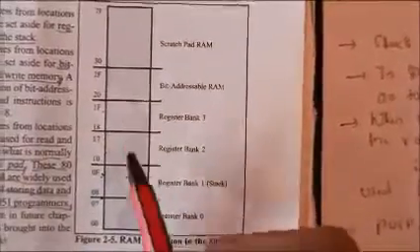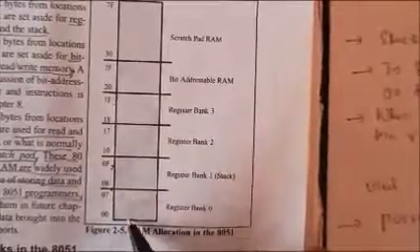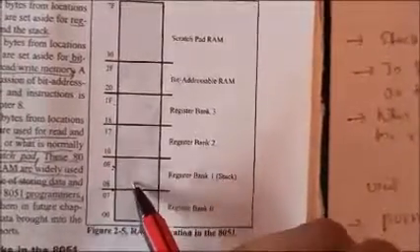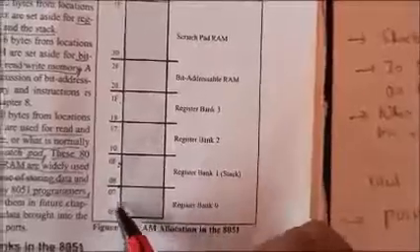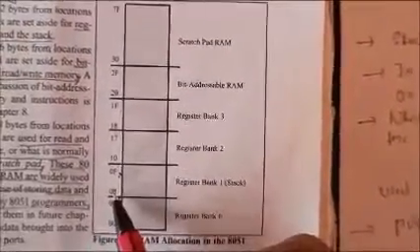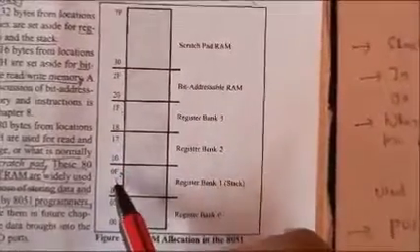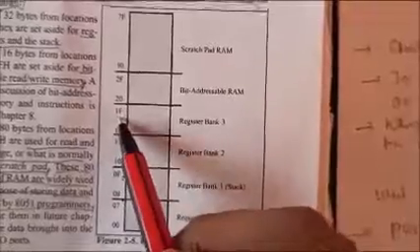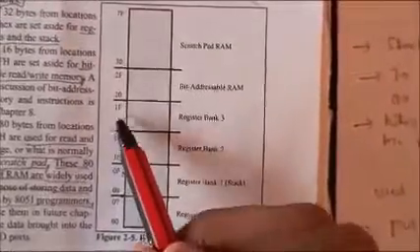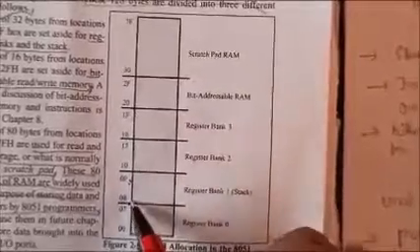So from 00 to 07 the range is 8, and again 8, 8, it is split like this. The stack starts at 08 up to 1F, which is 8, 16, 24. So a 24-byte range is the region we call the stack.